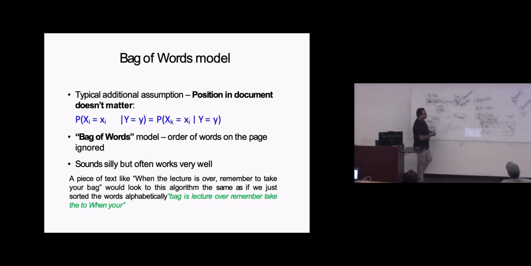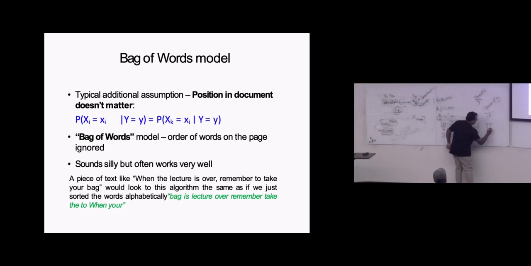So the probability that we saw, we do a multiplication of i equals 1 to the length, let's say L. And we compute the probabilities for each position given some particular topic, let's say, right?